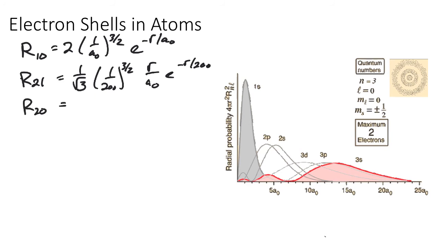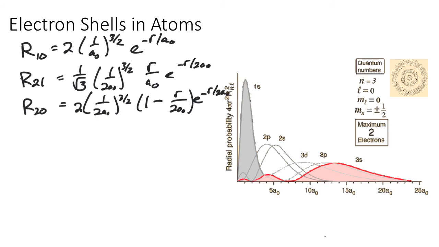R_20 is 2, 1 over 2a naught to the 3 halves, 1 minus r over 2a naught, e to the minus r over 2a naught.